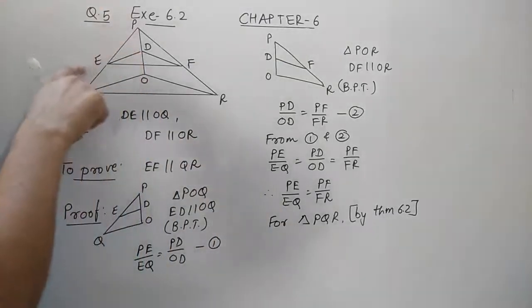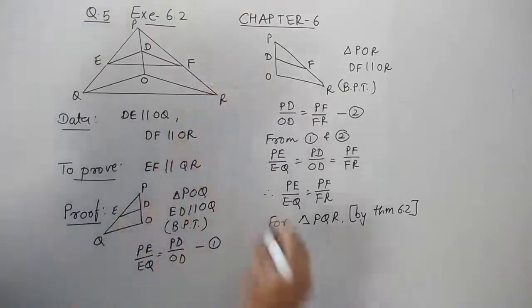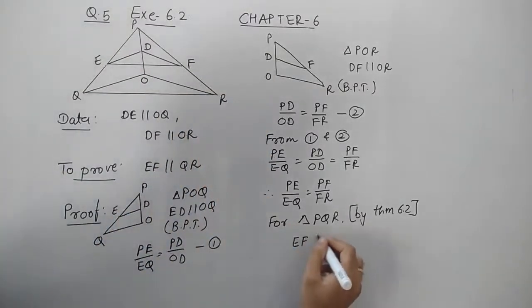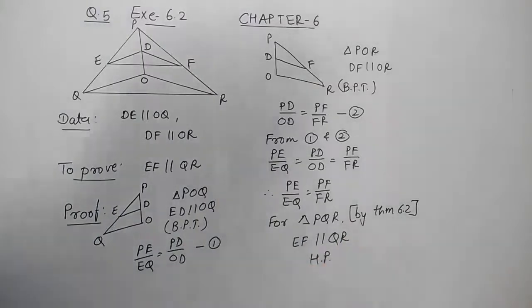Whenever the sides are given in proportion, we can say that EF is parallel to QR. Hence, we prove this theorem. So this is only one step ahead of what we have done in the previous two questions.